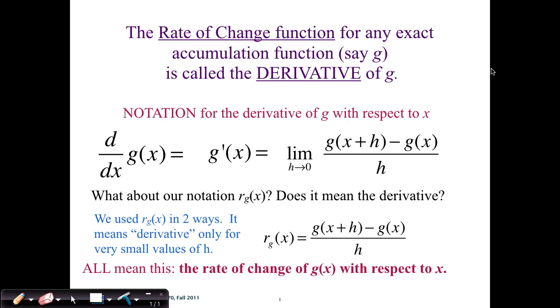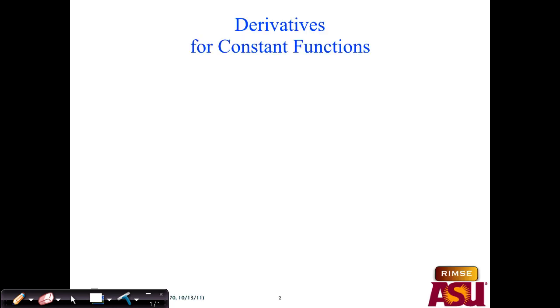Sometimes you're not given a dependent variable name, and so people just use the function name in place of that. It's not ideal, but if you don't have anything short to say about it, you'll see that done. The rate of change of g of x with respect to x would be more appropriate because g of x is the dependent variable. G is just the function relationship.